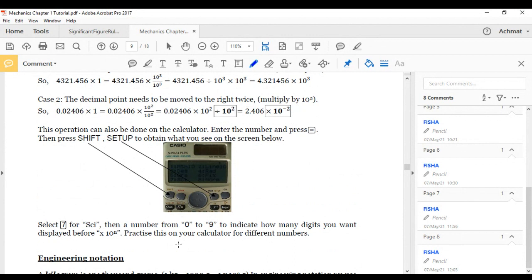And if you had to press in 8, it would have given you this number 2. It will still be scientific. 0.406. How many do I have so far? 1, 2, 3, 4. So I must add another 4 zeros. Right, and then it will still be times 10 to the same thing there, minus 2.